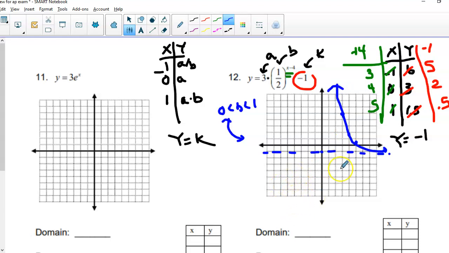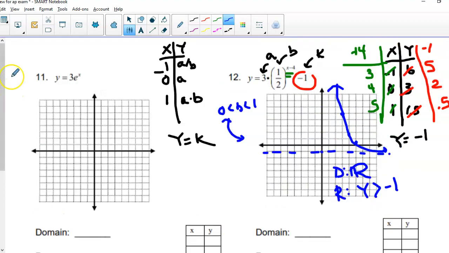Okay, and so now we look at this and we say, the domain is always going to be all reals. And the range now is up and down, our Y values. And if you notice, we don't have anything in this area. All our Y values are above this -1. So for that range, I want to say Y is greater than -1.